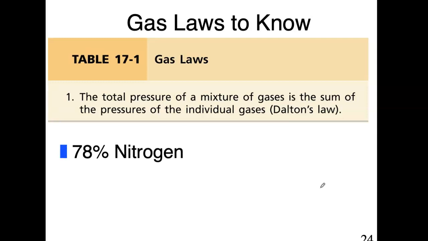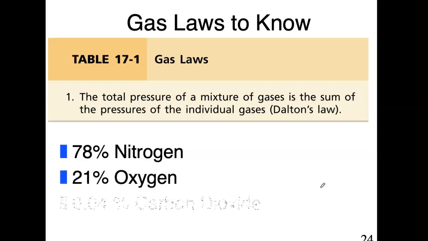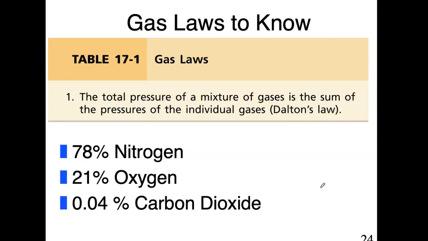Because we're thinking of the total pressure of a mixture of gases that we inhale, and that is the sum of the pressures of nitrogen and oxygen and carbon dioxide, and then smaller percentages of other gases too, but we're going to stick to those. So the individual gases, 78% of that air that you're inhaling is nitrogen, about 21% oxygen, and 0.04% carbon dioxide. Okay, so the total pressure of all those gases together is the sum of the individual pressures of each gas.